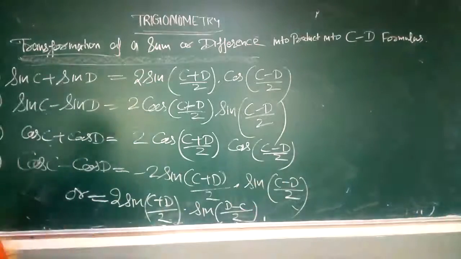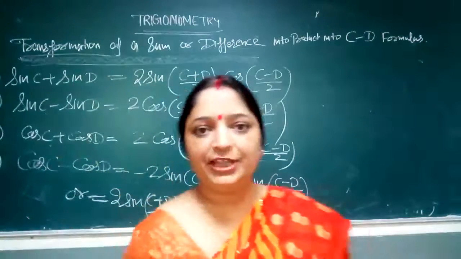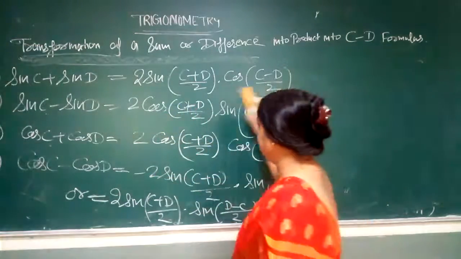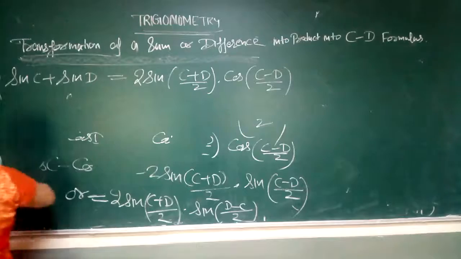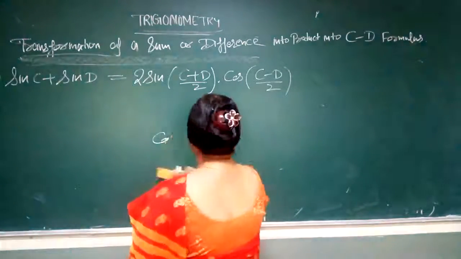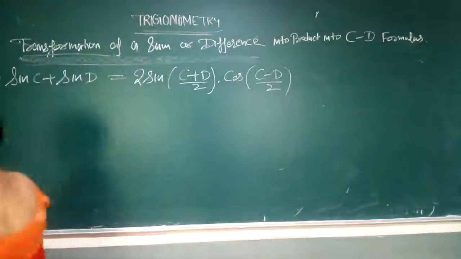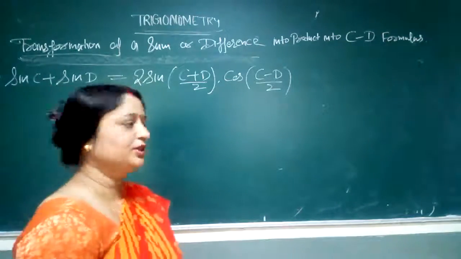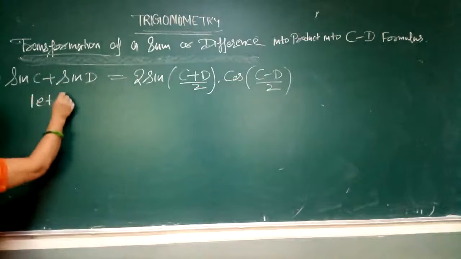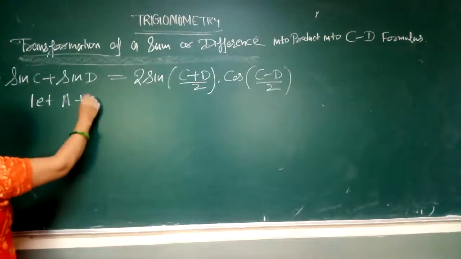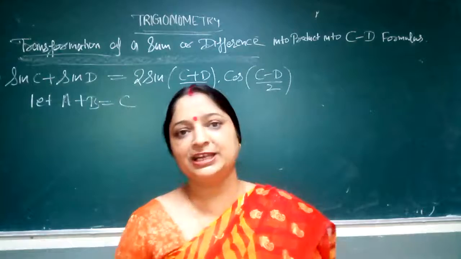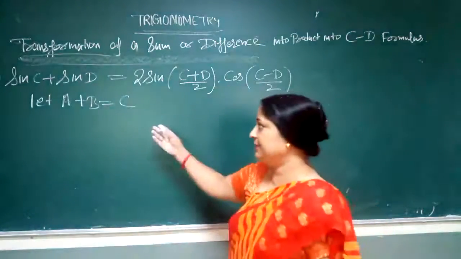Now I am telling you the proof of the first one, and in the same way you can solve the proofs of the second, third and fourth. So let us see the proof of the first one. In sin C plus sin D, let A plus B be C. We are making that from the formula of sin (A plus B) and sin (A minus B).